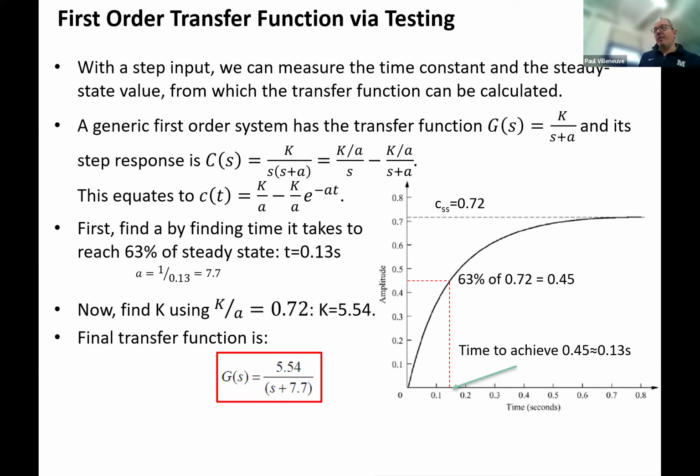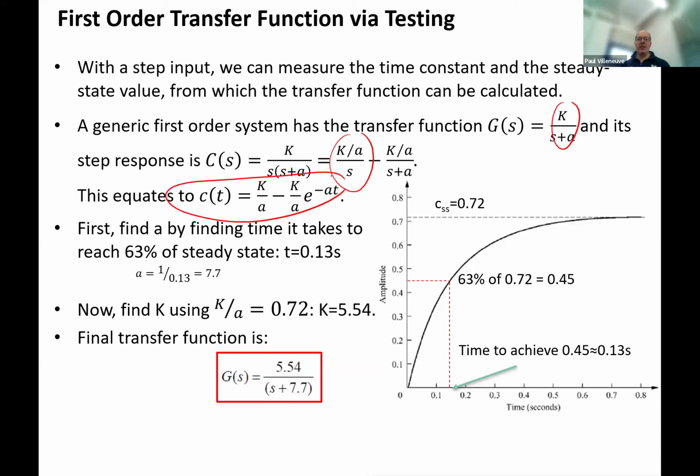With our step input, it's usually the worst case scenario for a first order system. So if we hit it with a step input, we can back calculate what our transfer function needs to be. We hit it with a unit step, and then we go back to the time domain.